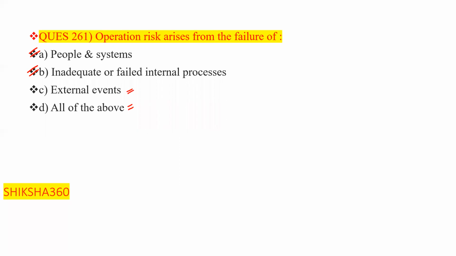All of the above is the correct answer. Operational risk arises from all these three factors. Option D is the answer.